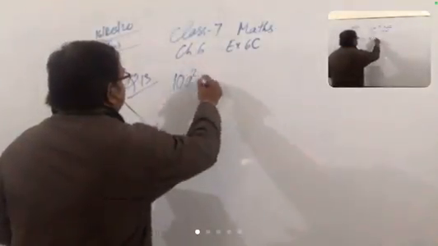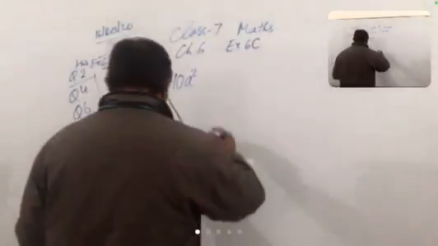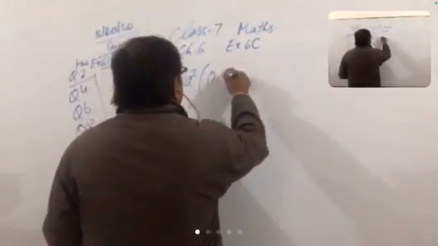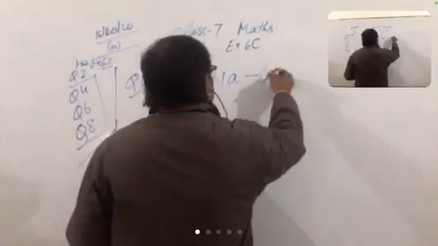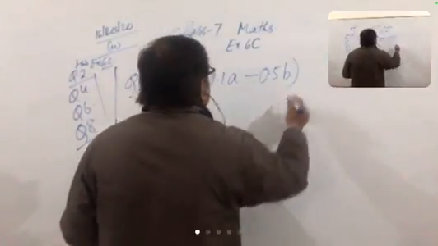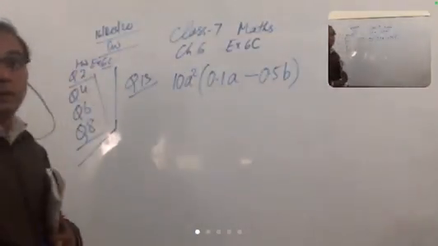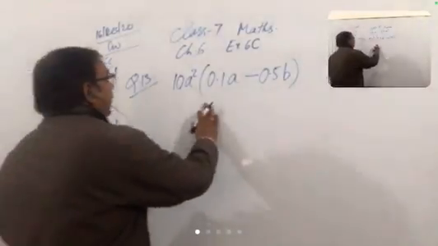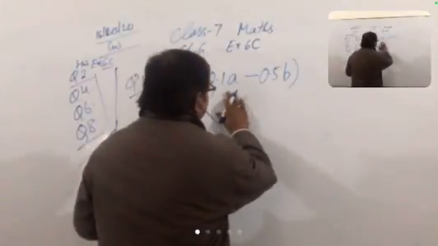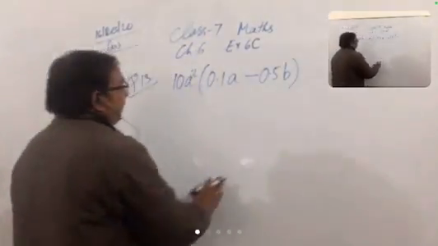Read the question, Sambhav. 10a square bracket 0.1a minus 0.5b.